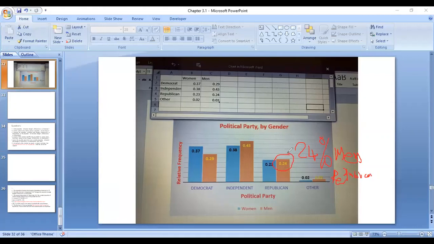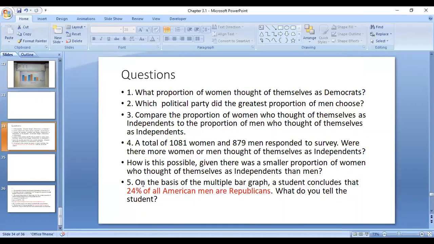You look on the graph, you will see there is 0.24 relative percent, that means 24% of men are Republican. But the question here, on the paragraph, students conclude that 24% of all American men are Republican. What do you tell the student? What do you think?